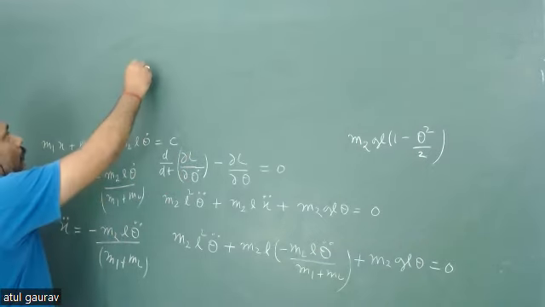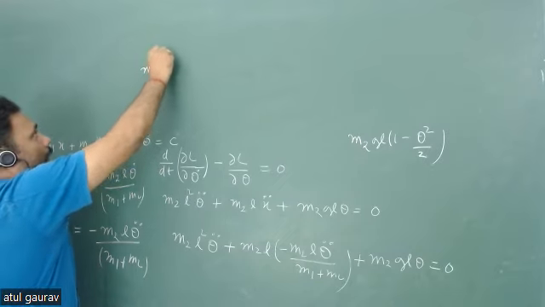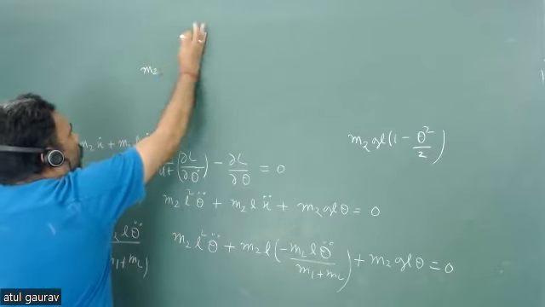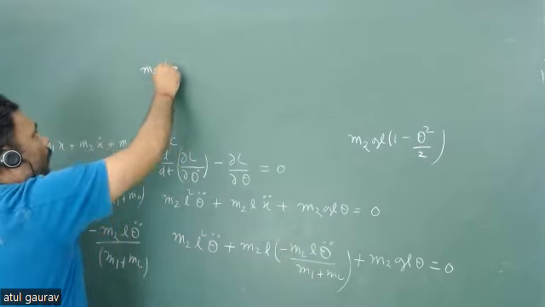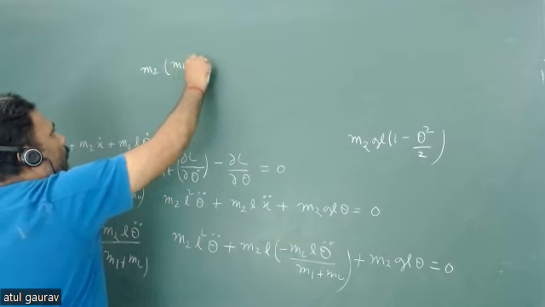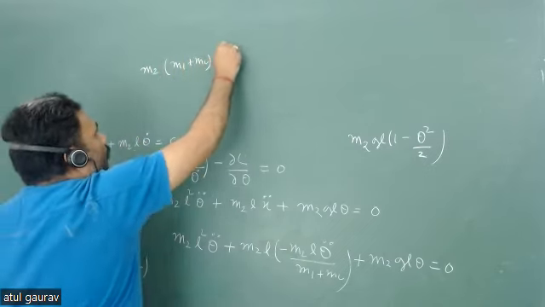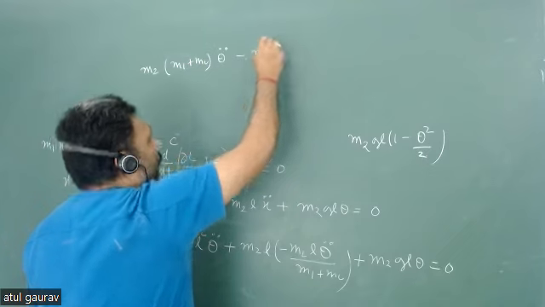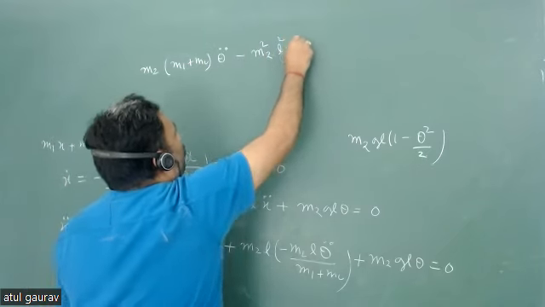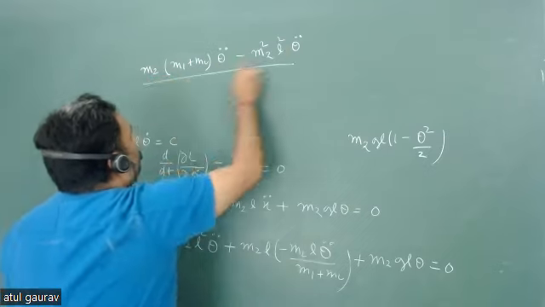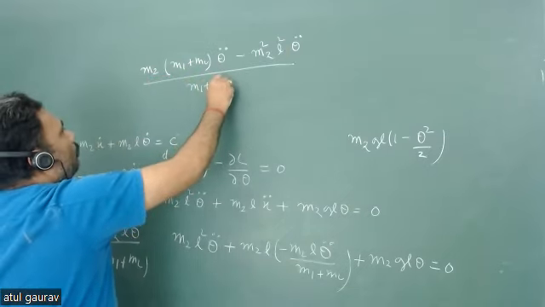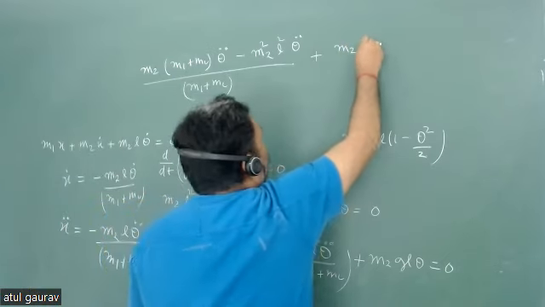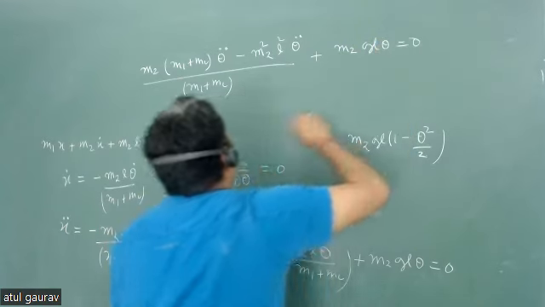So we have m2 L square theta double dot, and you can just multiply with m1 plus m2, theta double dot, minus m2 square L square theta double dot by m1 plus m2, plus m2 gL theta must be equal to 0.